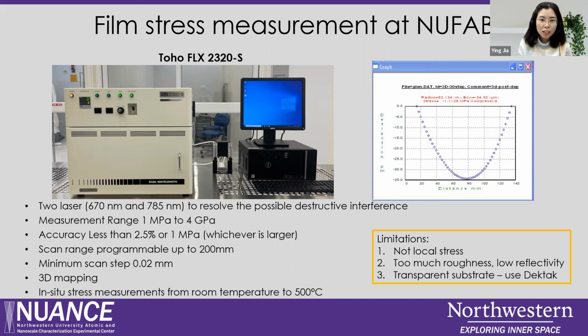As long as you can get a reasonably good reflection. In my experience at NUFAB, the roughness of the film can go up to 10 nanometers, and for this range we never have problems with this system. It's still considered pretty reflective.